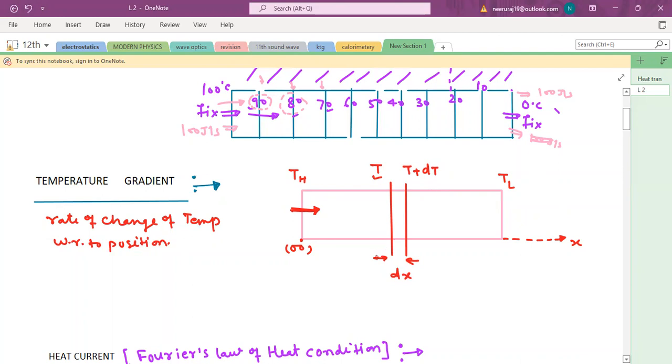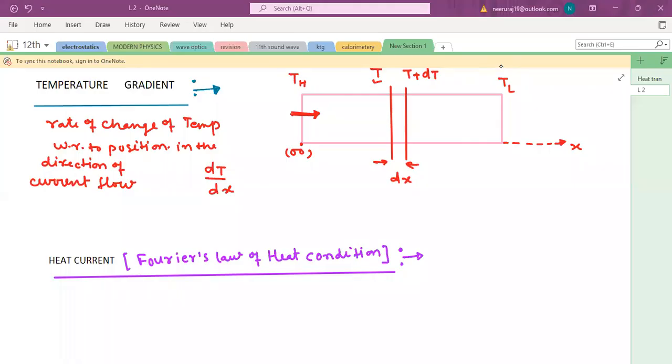And suppose the width of this layer is dx, then the temperature gradient is defined as dT by dx. We call this term the temperature gradient.